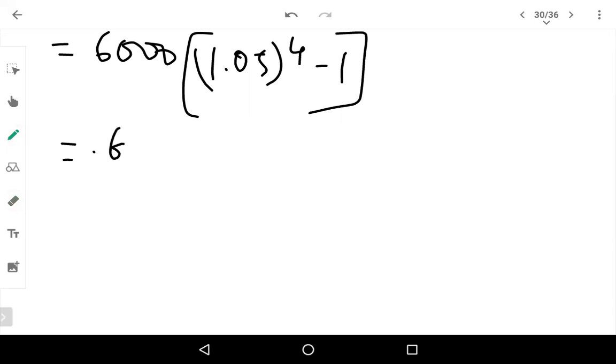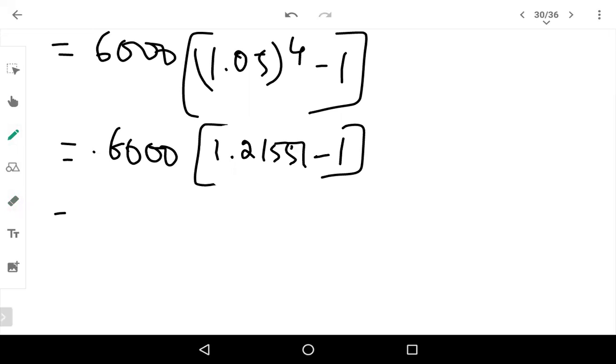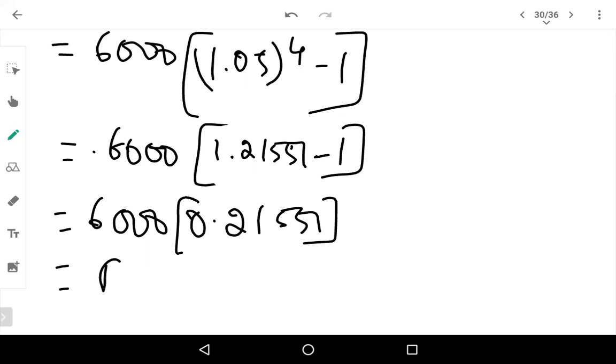So 6000 into 0.21551. So therefore, the annuity amount will be 1293.